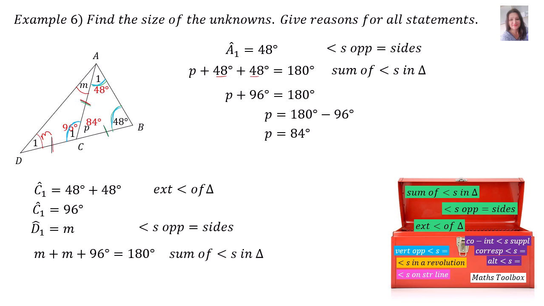And now we can solve M. M plus M is 2M. The 96 will walk across. 180 minus 96 is 84. 2M is equal to 84. And then divide by 2 both sides, and we find M is 42 degrees.